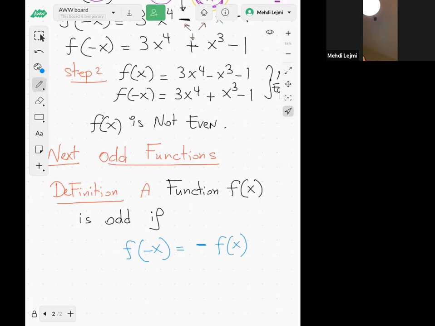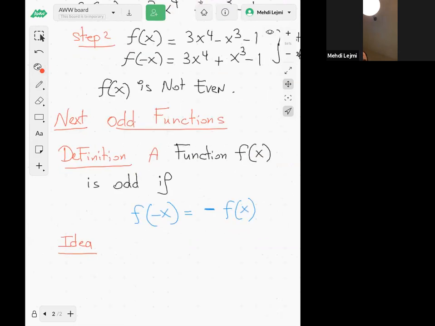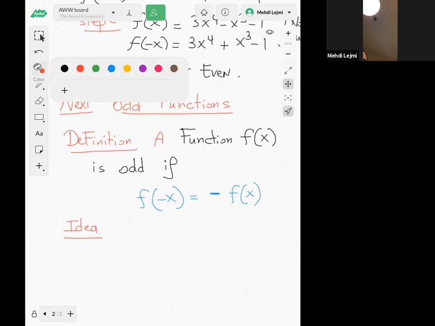Okay, so what's the idea here? Why are we interested in these odd functions? So what we are saying here is that for even functions, x and minus x are going to have the same output y, right? Because f of x is equal to f of minus x. Now, for odd functions, x and minus x are going to have opposite outputs.